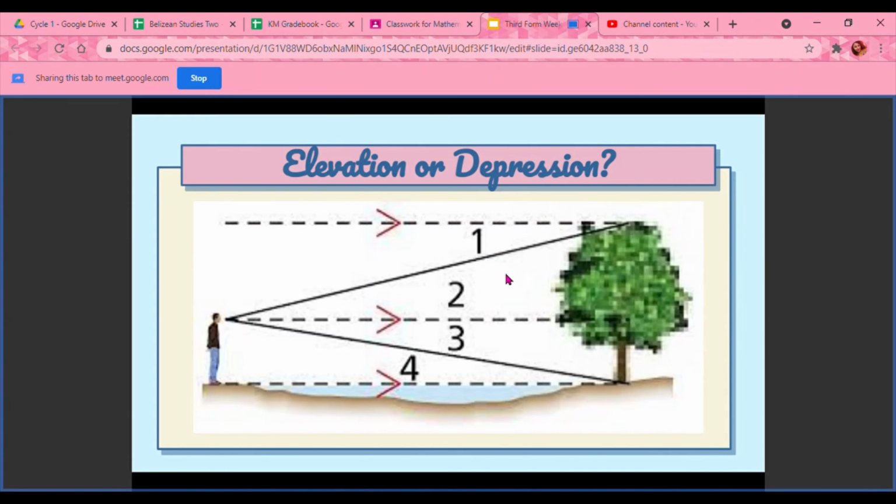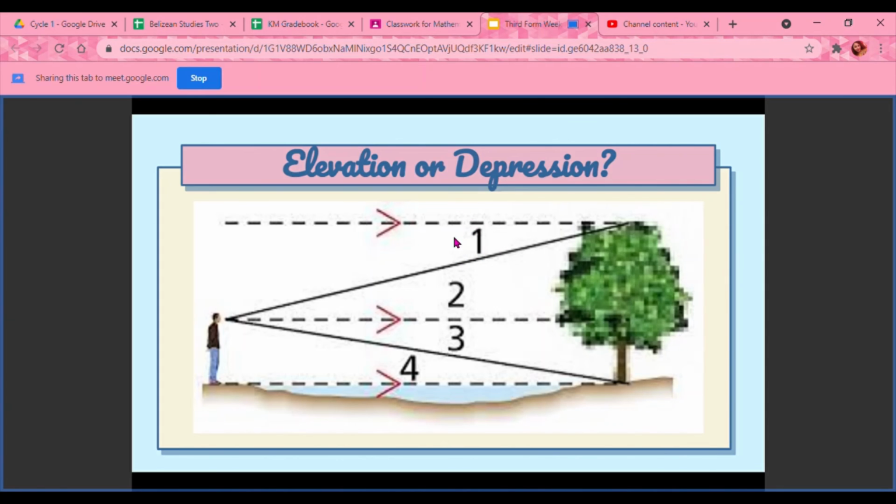If I look at number 1, I'm looking at these 2 lines. This one and this one make up number 1. So this angle is number 1. From my broken line, I look down, I get a 1, and this is an angle of depression.